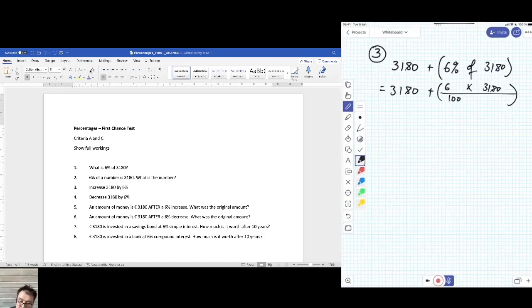Okay, so equals 3370.8. Scrappy underlining because it's difficult to do a ruler thing on the iPad, but you can do that better on real paper.